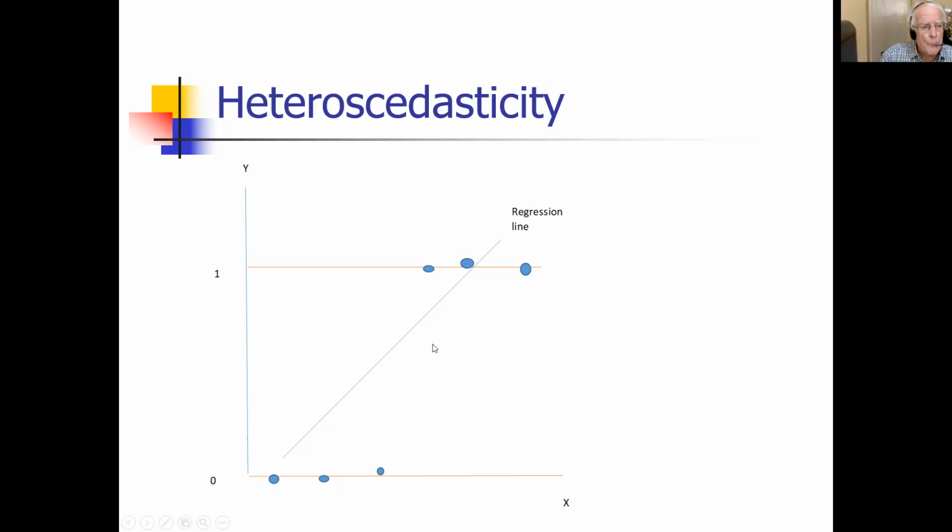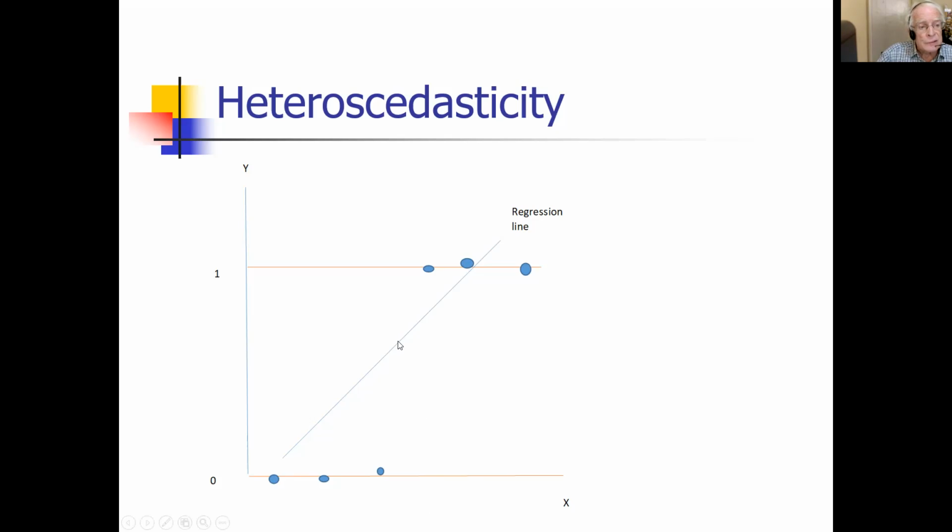So the variance of the error is small over here at this extreme, and it is small over here at the other extreme. We have a small variance of the error for large and small values of x.